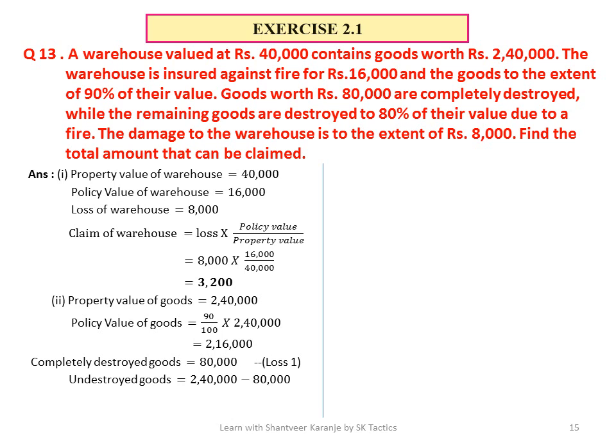Undestroyed goods means 2,40,000, which is the complete property value of the goods, minus completely destroyed 80,000, is 1,60,000, on which we are going to calculate 80% loss. So 80% of undestroyed goods is 80 by 100 into 1,60,000, which amounts to 1,28,000, which is nothing but loss number 2 of goods.